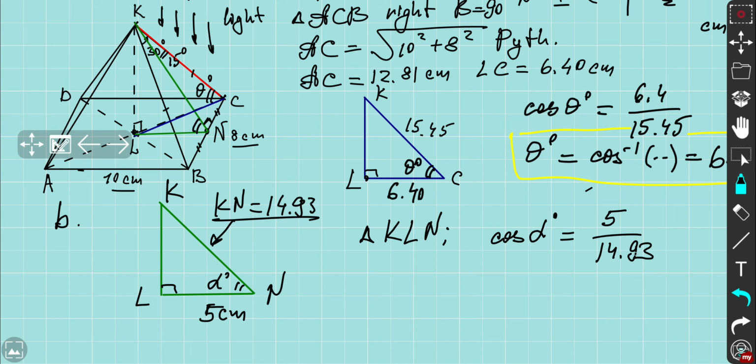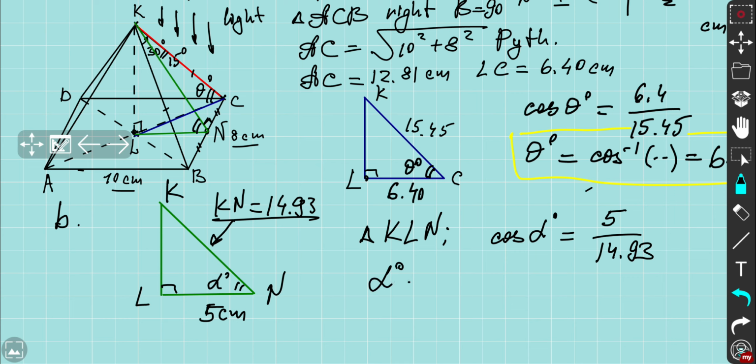As you can see here, there's plenty of usage of trigonometric ratios. So that's why it's all about how solid your knowledge about trigonometric ratios is. You need to have the skills before, when you keep training on just simple triangles, on simple 2D cases, okay? So 5 over 14.93, let's calculate the angle itself.